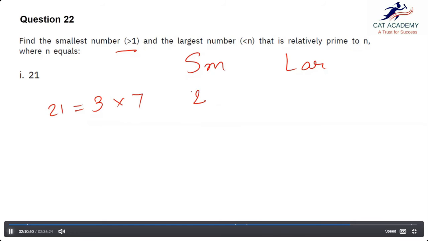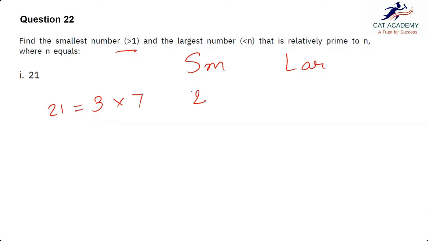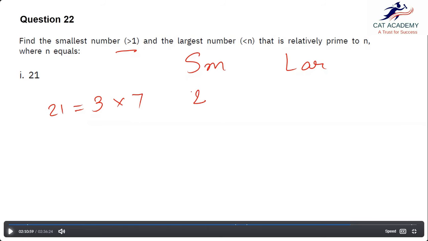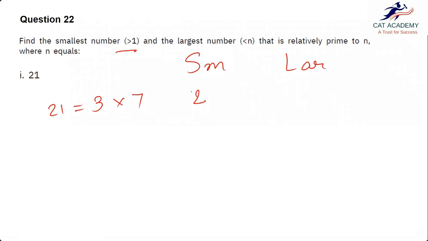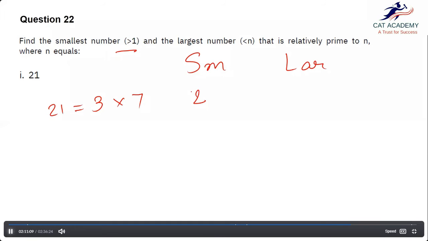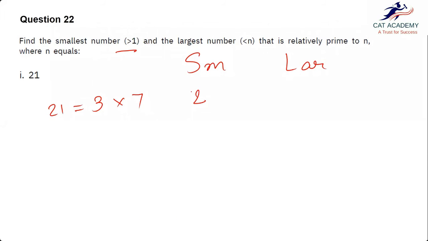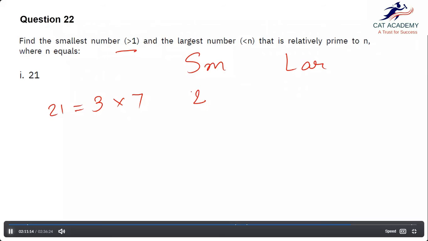Also, the largest number should always be 20, as in one less, because any two consecutive numbers in general are always co-prime, as they do not have a common factor. Example, say 9 and 10. Do they have a common factor? No. 15, 16, do they have a common factor?